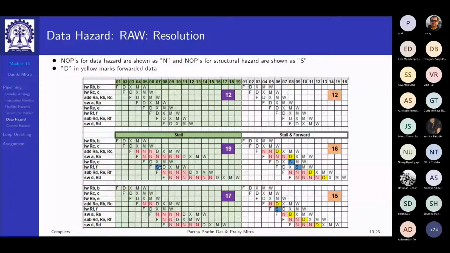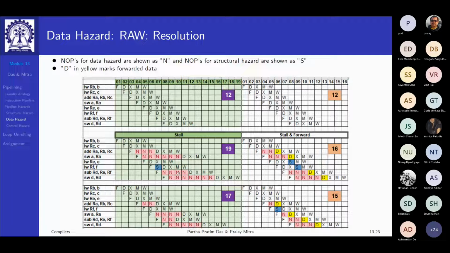So this will lead to a structural hazard. We will also have to do a stall here, which, just for understanding, I've marked with the letter S. It is basically again a knob which delays this by one cycle, and then it becomes hazard free. Then sub has to happen the same way.